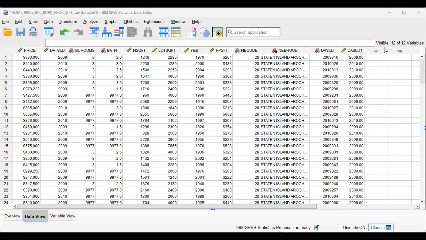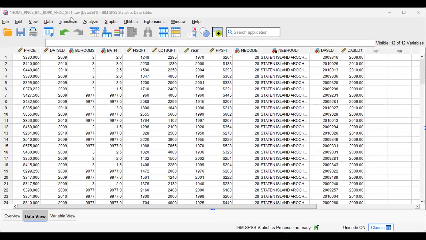But as you can see here, there's no data for the age. So I'm going to create the data for the age. The data for the age will be the date sold minus the year the house was built.